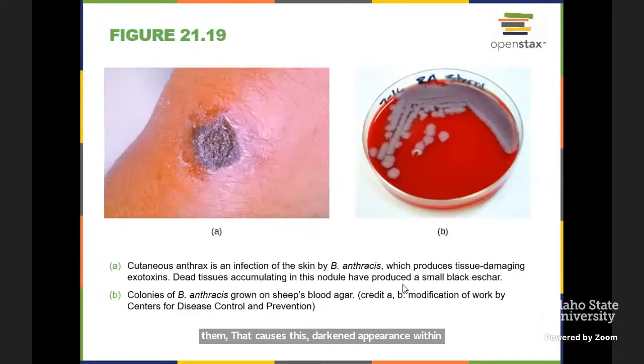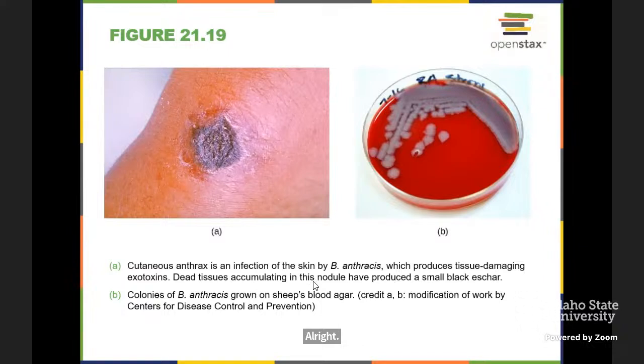All right. Skin stuff. Anthrax has multiple potentials, but typical infections with anthrax, we think of it as a skin infection, cutaneous anthrax.